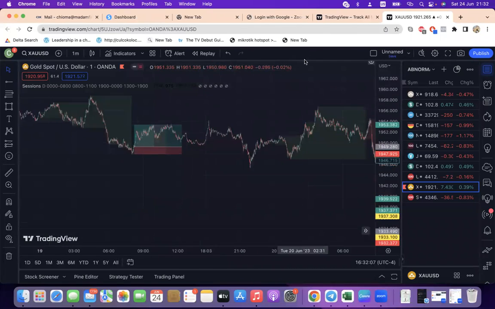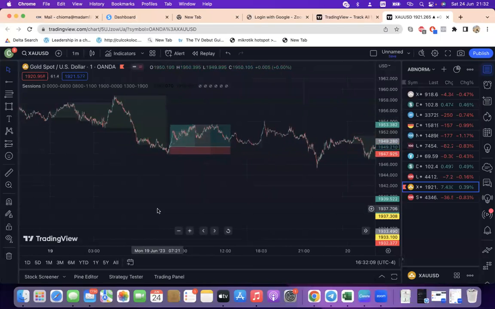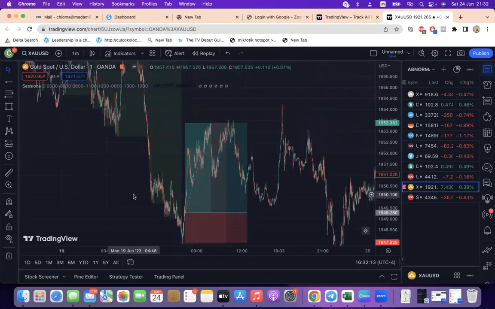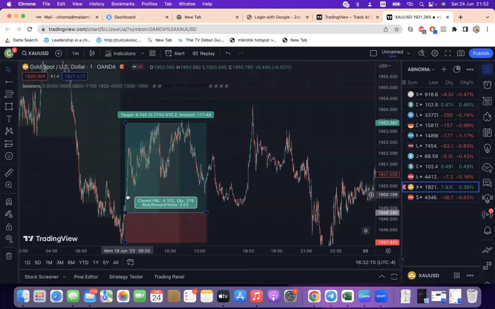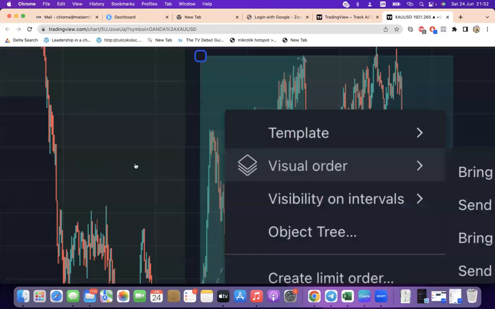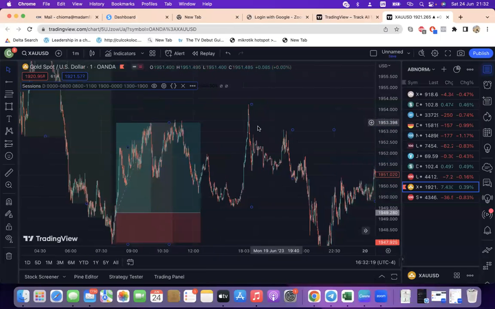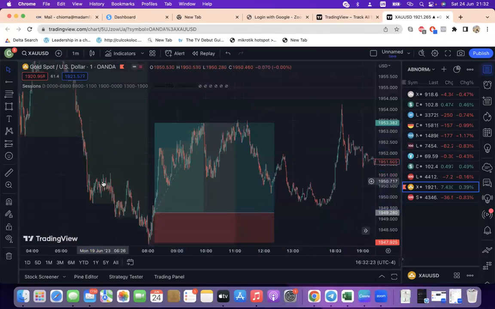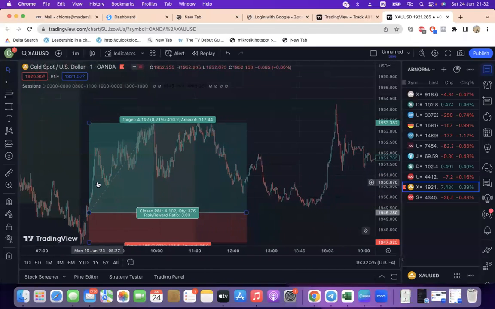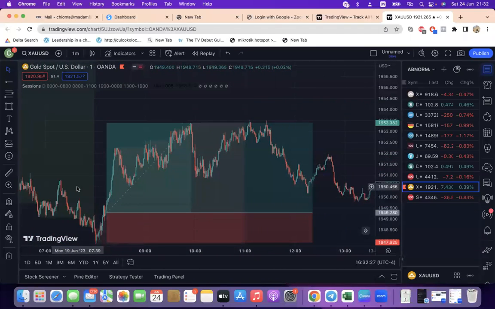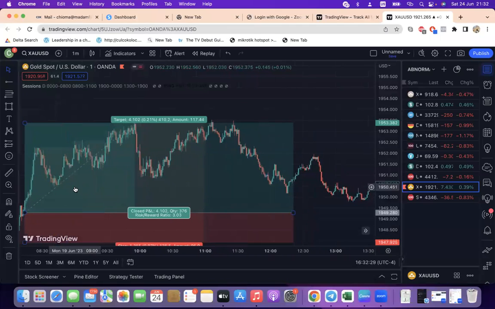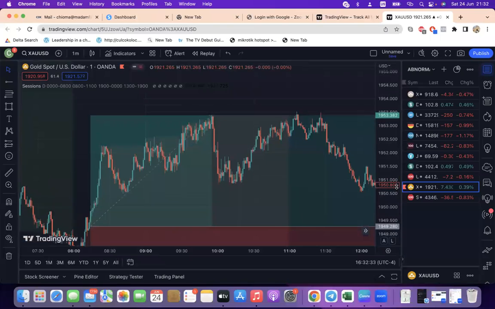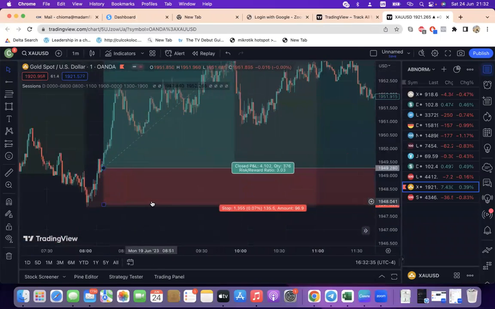So if I see a gap to target here, let me see if there was a gap here. Beautiful, there was a gap here. I'm just going to zoom in so that we can clearly see our candles and the gap between those two candles.